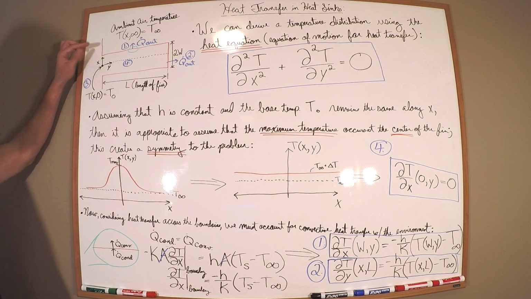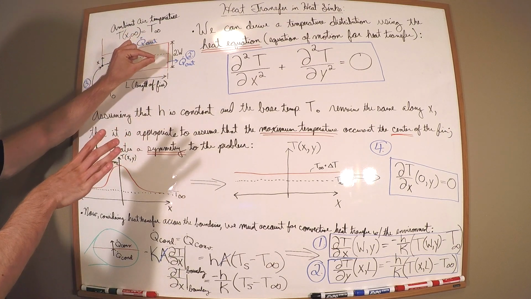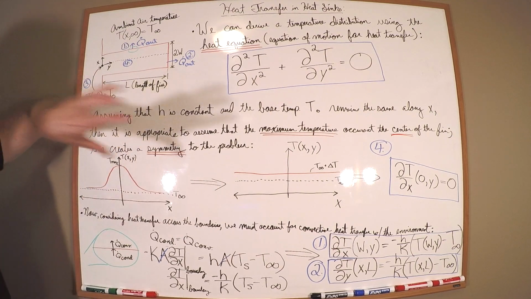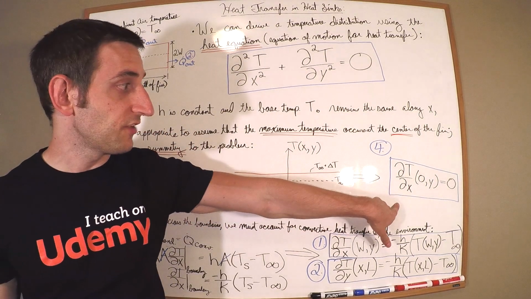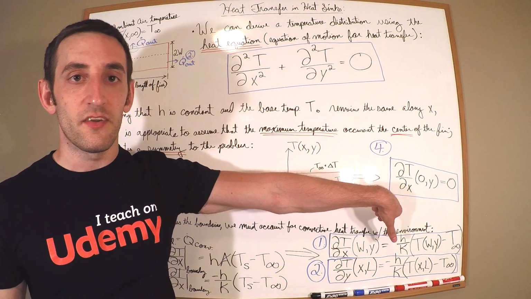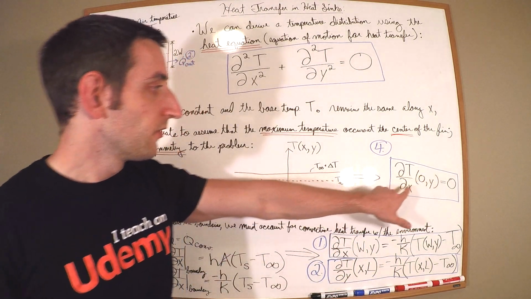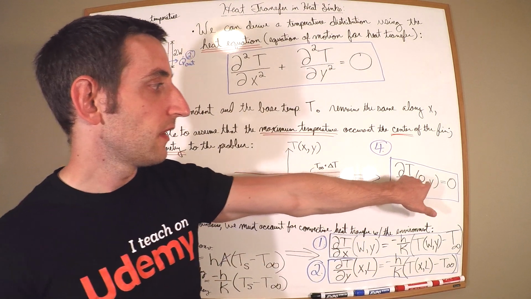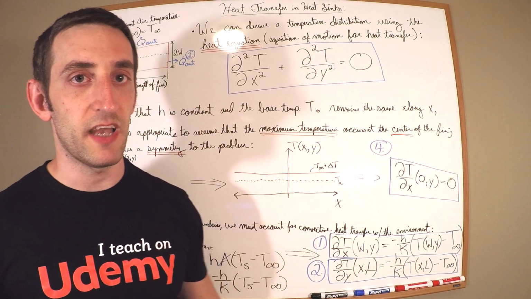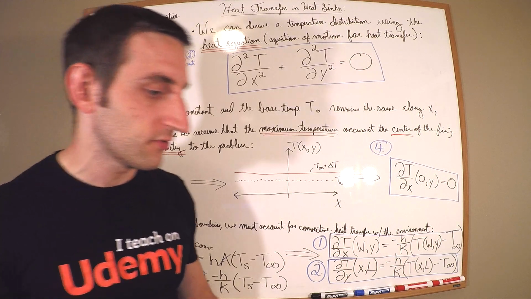So right in the middle, x equals 0, all along this fin, no heat can cross it, and we have this nice symmetry here. That dictates the following boundary condition, which is known as the symmetry or heat fin equation approximation. So it's dT/dx at x equals 0 along y equals 0. Okay? So now we've got two boundary conditions that we're going to use.